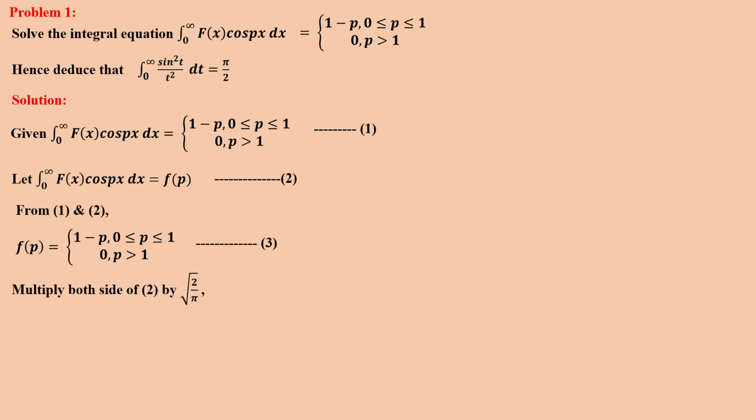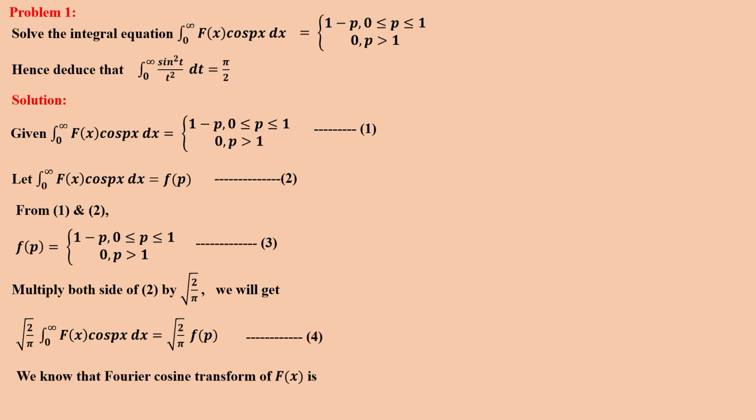Multiply both sides of equation 2 by root of 2 divided by pi. We will get root 2 divided by pi integral 0 to infinity f of x cos px dx, which is equal to root 2 divided by pi f of p. That is equation number 4. We know the Fourier cos transformation of f of x is capital F c bar of p.